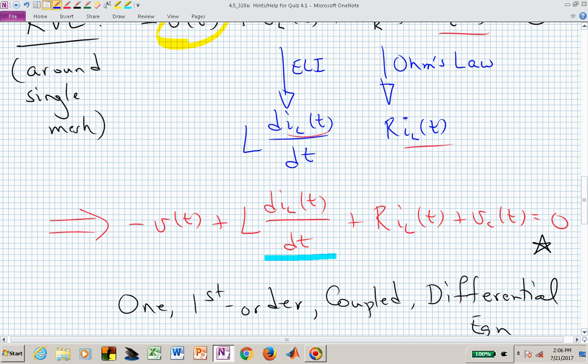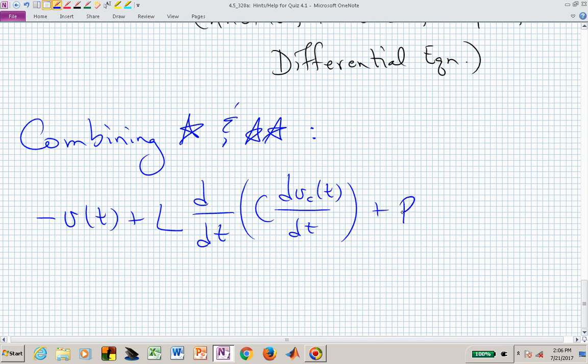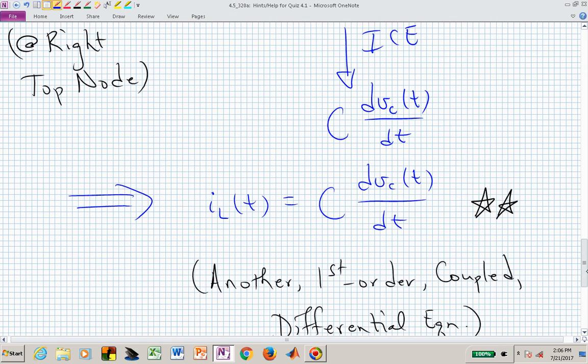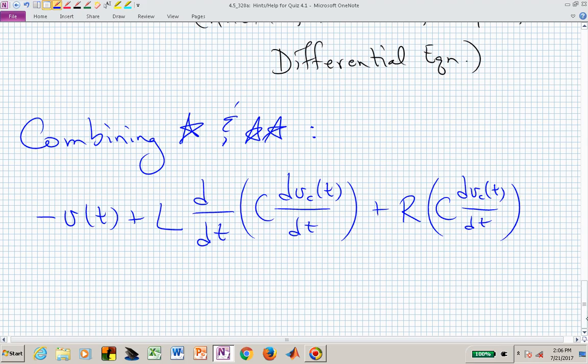Back to the start equation, we have plus R I sub L, that we said we were getting rid of I sub L, which is C dV sub C of t dt, since I sub L is the same as I sub C, or I sub L is equal to C dV sub C dt.